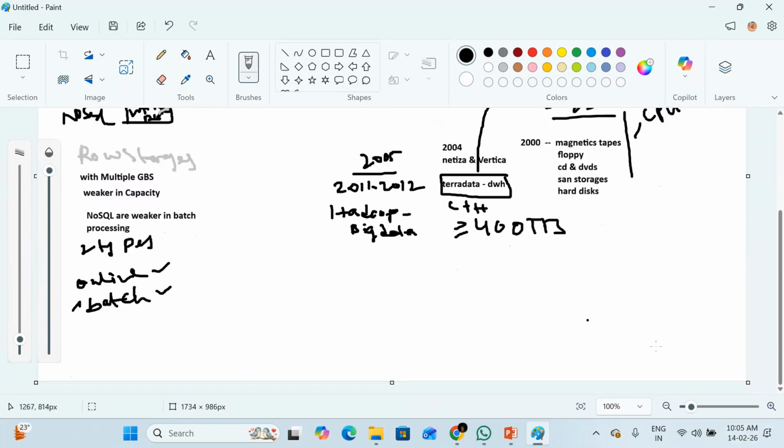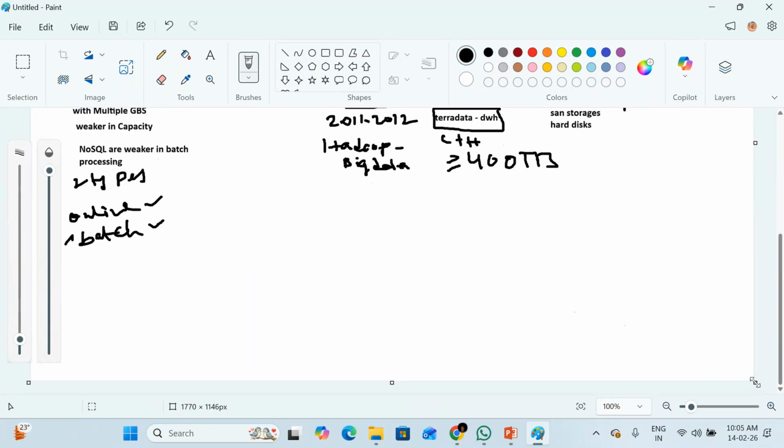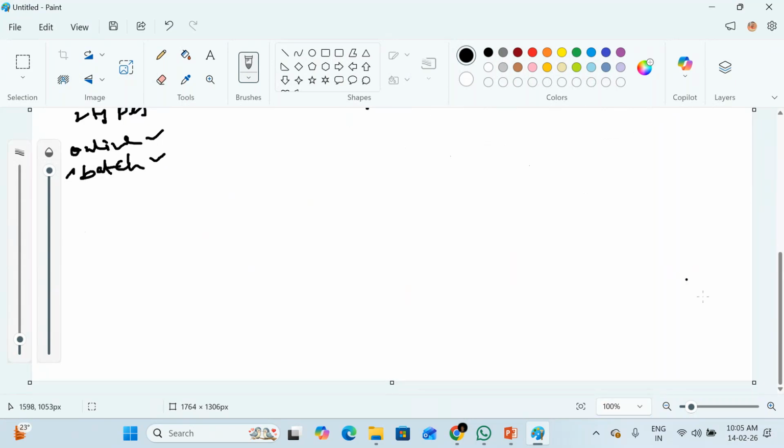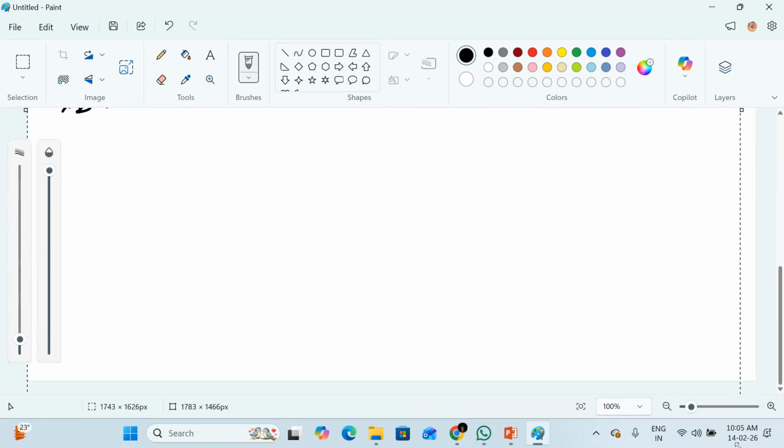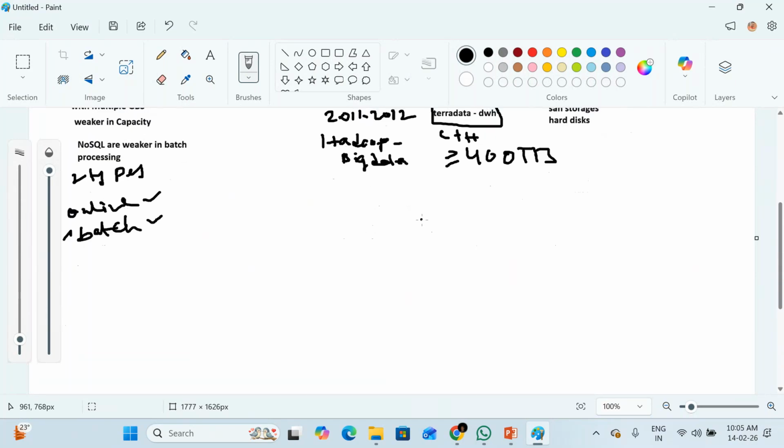Anybody heard about this Hadoop Big Data? I think your brothers will know about it. Why? Because in 2012, 13, 14, Hadoop Big Data was the miracle, the hot cake in Ameerpet. If you had 2000 institutes, all 2000 institutes offered Hadoop.